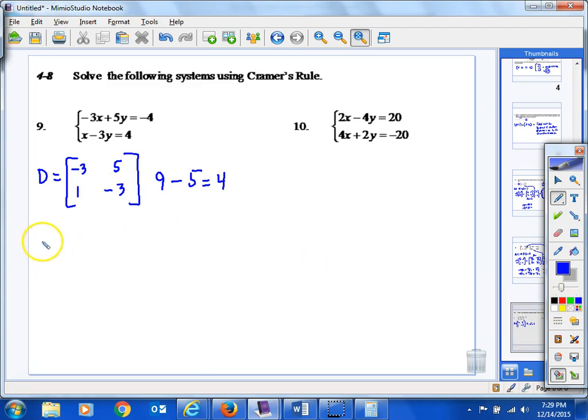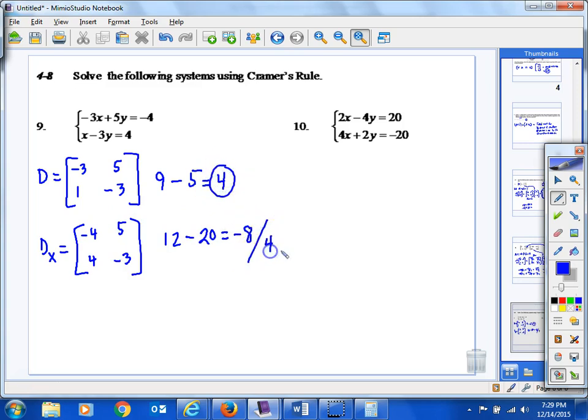Okay, let's find another determinant called d sub x, where instead of these x coefficients, we're going to replace them with the constants. And the y coefficients will stay like they were. Find the determinant. -4 times -3 is 12, minus 20 is -8, and now always divide by this initial determinant of the coefficients. So -8 divided by 4 is -2.